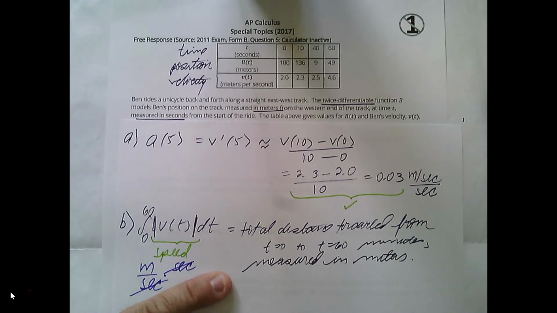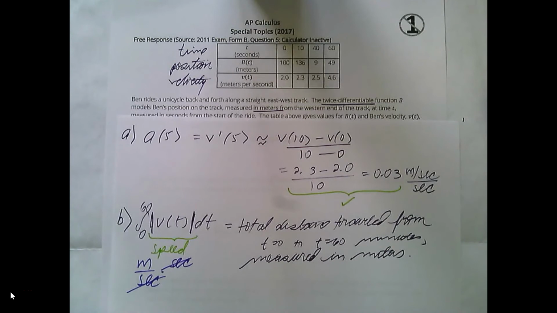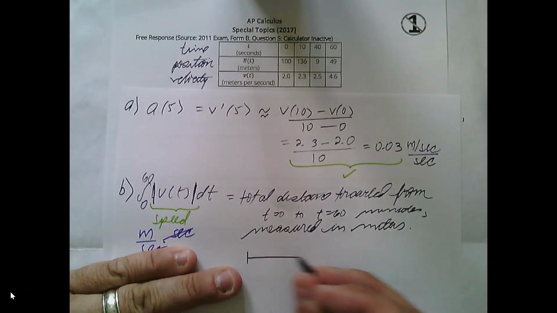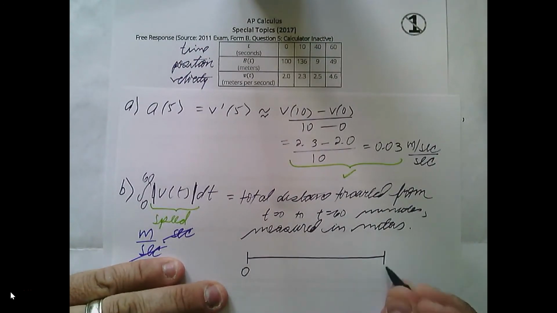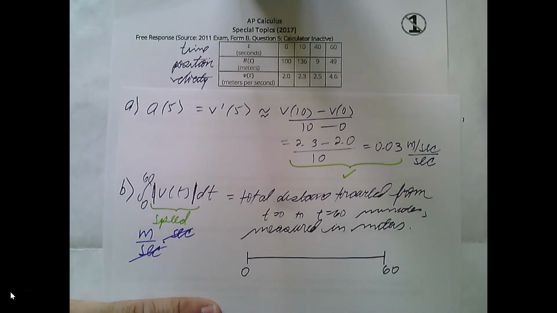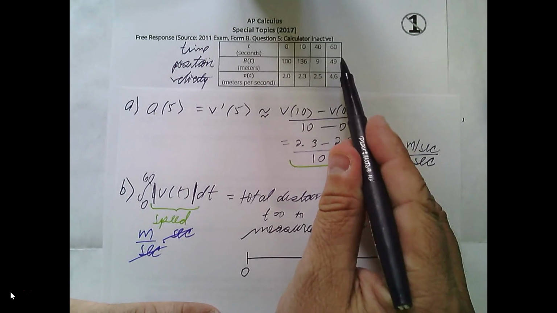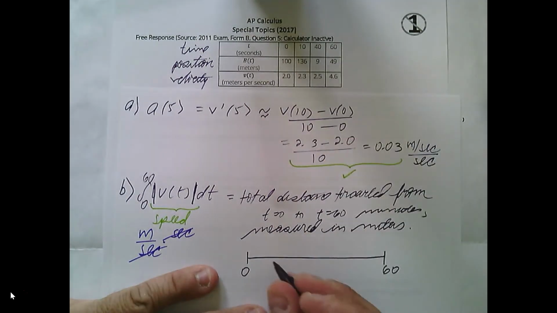Great. Now, what did they ask us to do? How did they ask us to approximate the value? They said a left Riemann sum, and we're going to go from 0 to 60. So let me do my time interval again. We're going to go from 0 to 60 using the points in the table above.